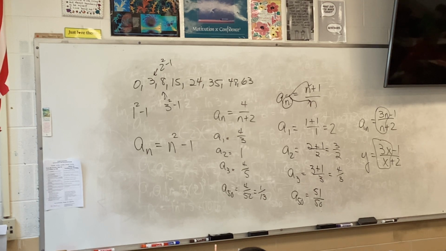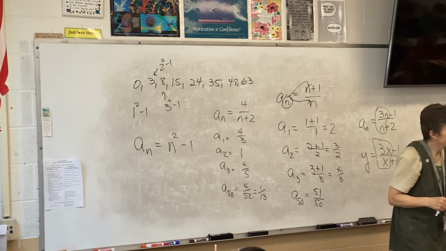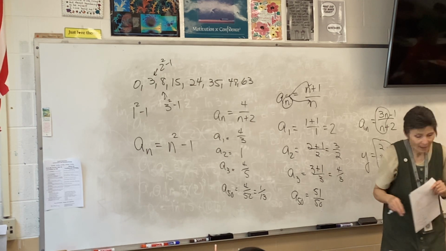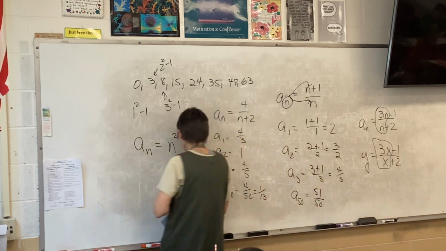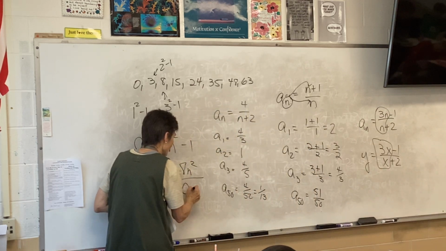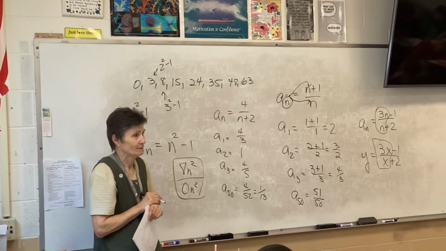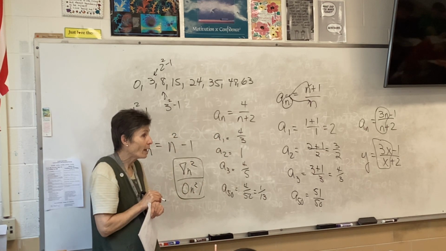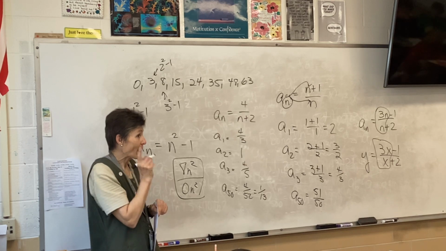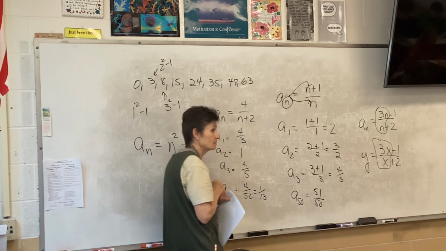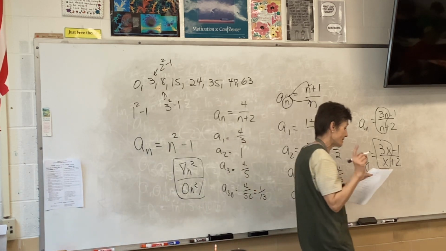Why is there no limit for problem G? Because there's no n squared on the bottom. And remember how we had to put a 0 in squared so that we can compare those? What's 8 over 0? Can't do it. So problem G is divergent.